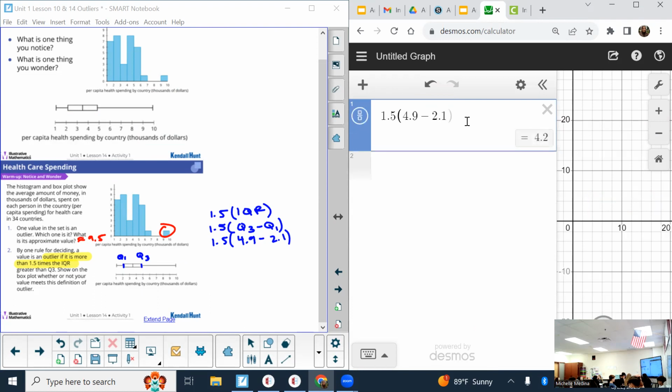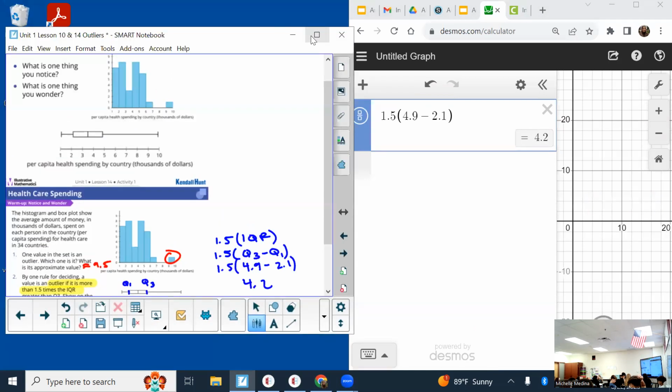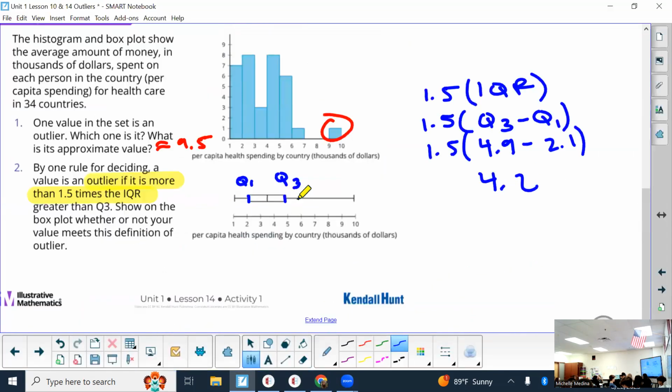All right, but I get 4.2 for that value, 1.5 times the IQR. The rule is that if it is greater than 4.2 in either direction from the quartiles, then it's an outlier.